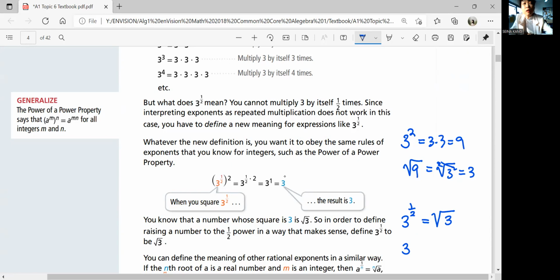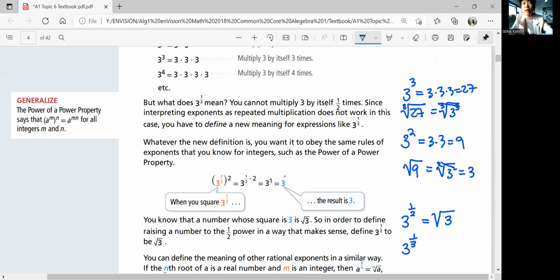Can you think what 3 to the 1/3 would be? In the same way, 3 cubed is 3 times 3 times 3, and that's 27. So how can you make 27 a 3? By cube rooting 27. You get the cube root of 3 cubed, and the cube root and the power of 3 cancel each other out as long as they have the same number.